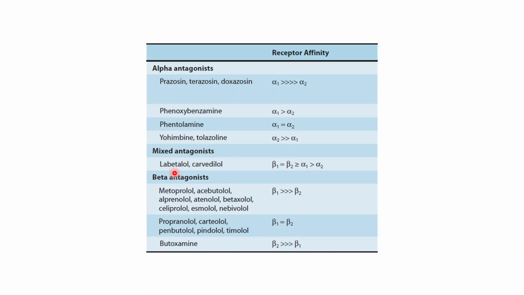Neuroleptic drugs such as chlorpromazine and haloperidol are potent dopamine receptor antagonists but are also antagonists for alpha receptors. The antagonism of alpha receptors probably contributes to some of the adverse effects, particularly hypotension.